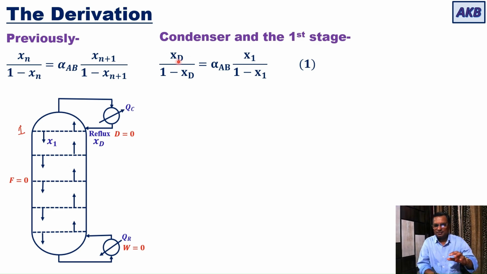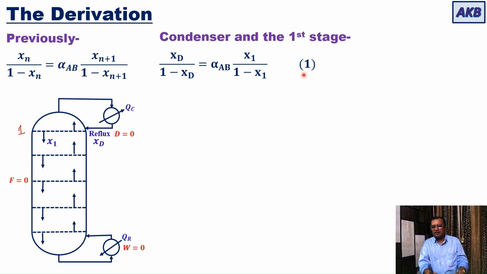If you refer to this diagram, in this case Xn is XD, so Xn plus 1 will be equal to X1.